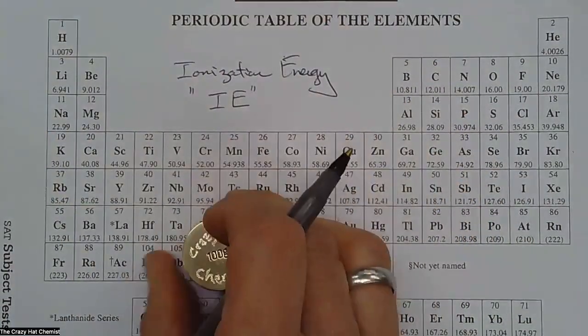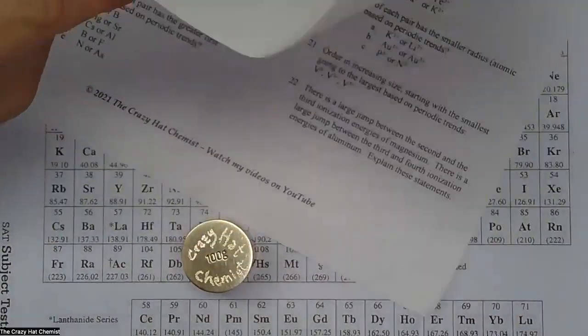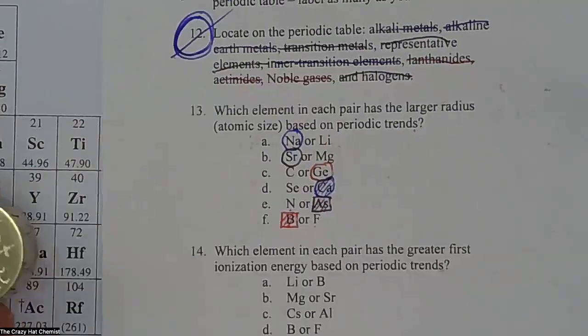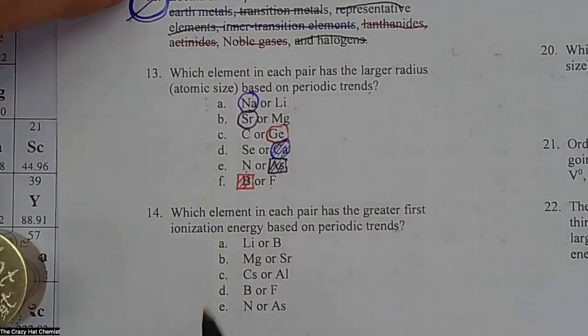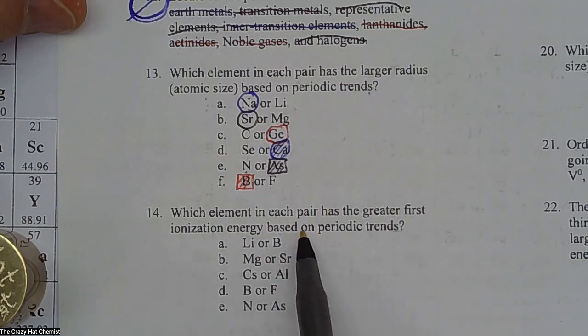So really, we're going to be looking at these questions here, number 14. Let me zoom in on that so that you can see these. It says, which element in each pair has the greater first ionization energy based on periodic trends? And so we have A, B, C, D, and E here.